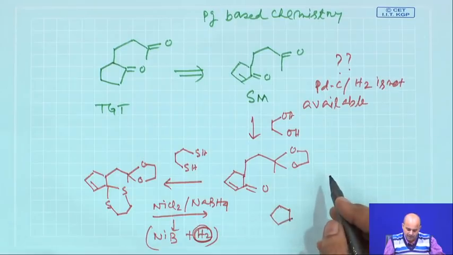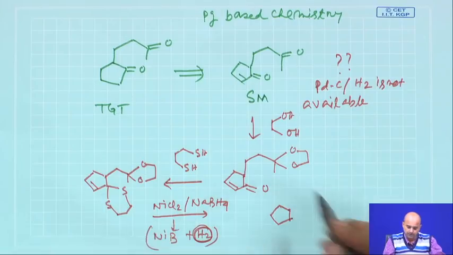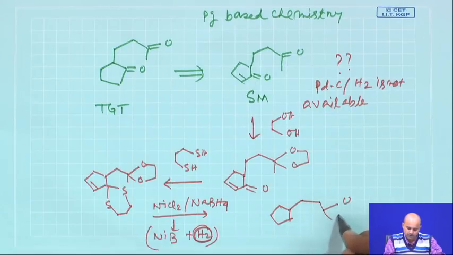If you do not have hydrogen gas in the lab, you can do this hydrogenation by mixing nickel chloride and sodium borohydride, which gives you nickel boride and hydrogen gas, and then it attacks this double bond to hydrogenate it. The remaining part has 2 CH2 groups. If I miss some CH2s, I am a little bit sorry, but that does not make any difference.